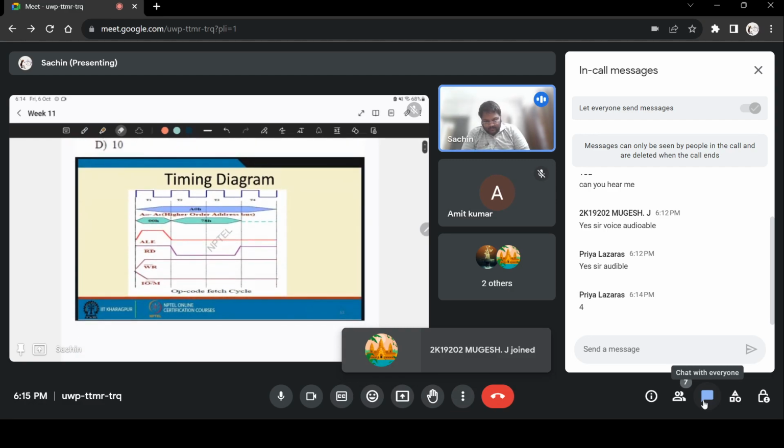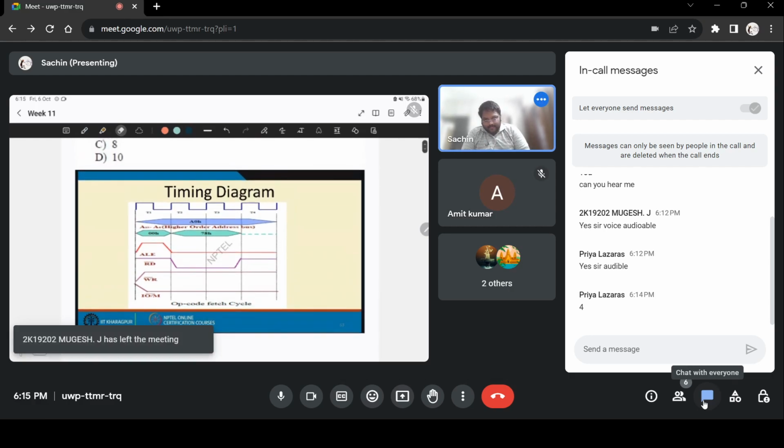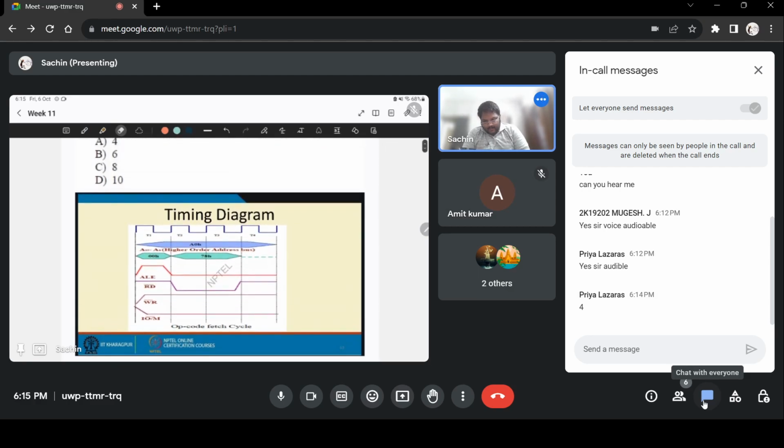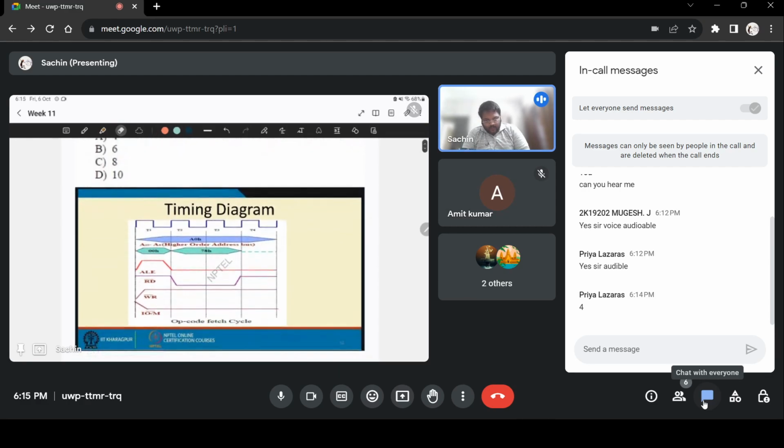And timing diagram was done in the class. So in the first cycle, the ALE signal is set high and the address is loaded on to the address bus. Next clock cycle, the read signal is set low, so read bar will become high. So it's an active low, you could say. So whenever you give a low signal to read bar, it will read.